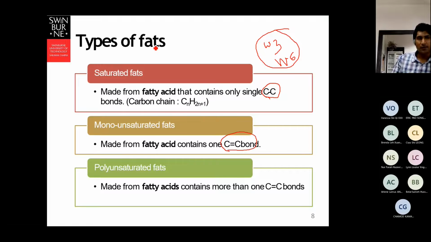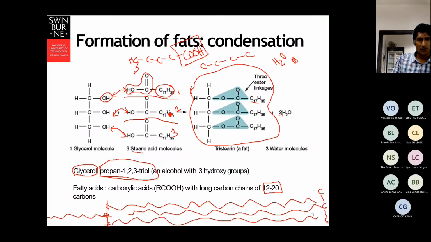Now, omega 3 is the double bond in the fatty acid at the 3 position from the end of the chain. The chain starts, of course, where there is a carboxylic group, and at 3 positions from the end of the chain, there will be a double bond. For omega 6, it is the 6 position where there will be a double bond in the chain.